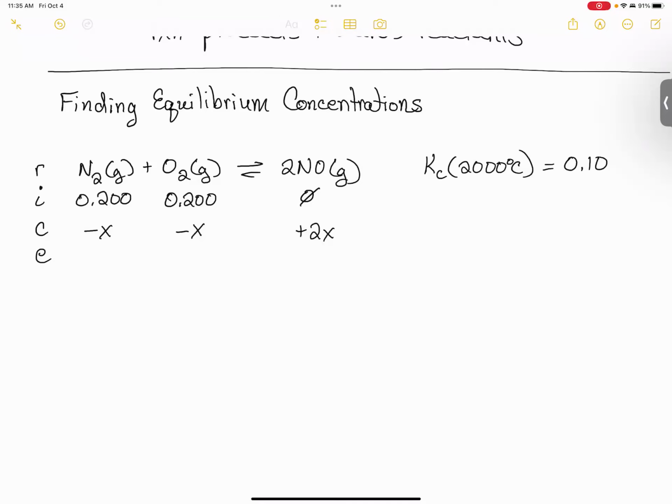So at equilibrium, it's 0.200 minus x for our nitrogen concentration, 0.200 minus x for our oxygen concentration, and plus 2x for the nitrogen monoxide concentration. Any questions so far?